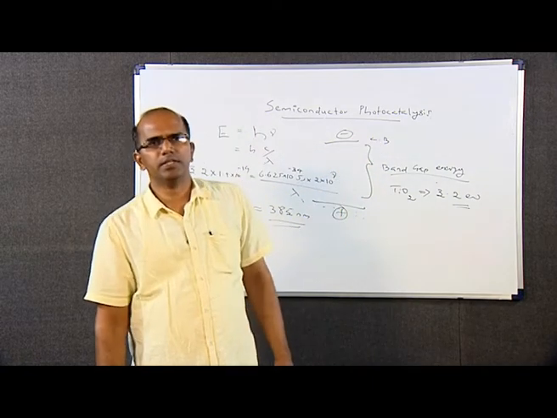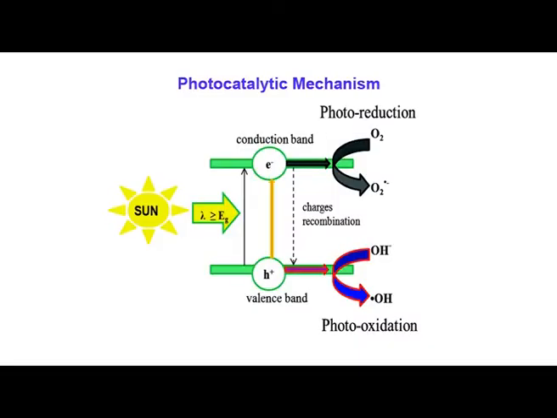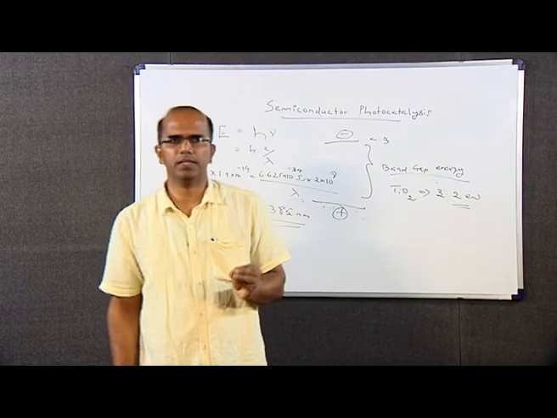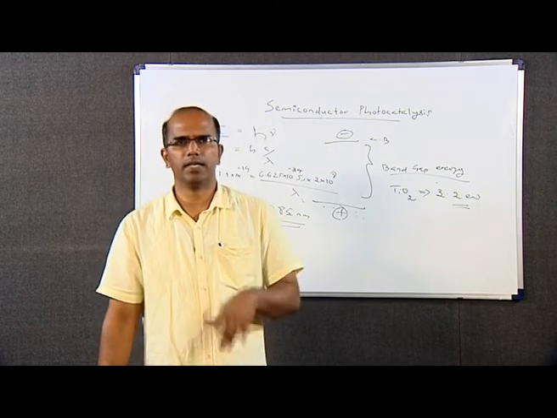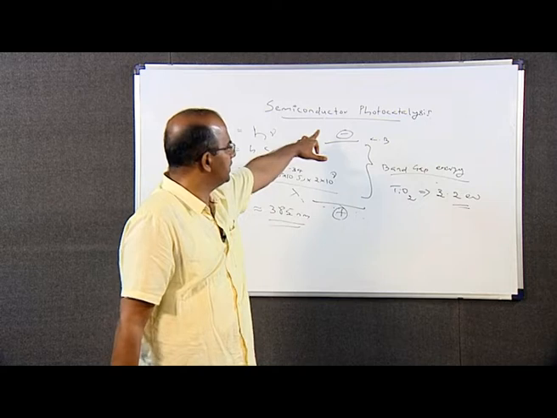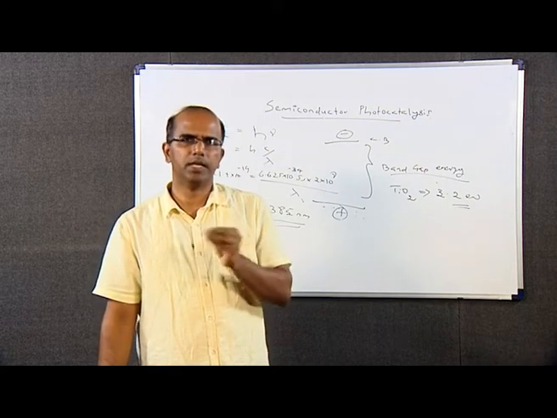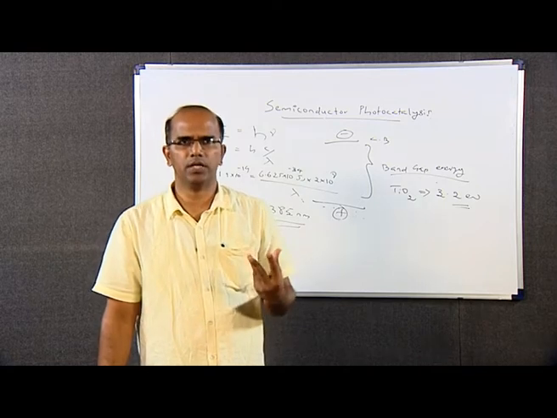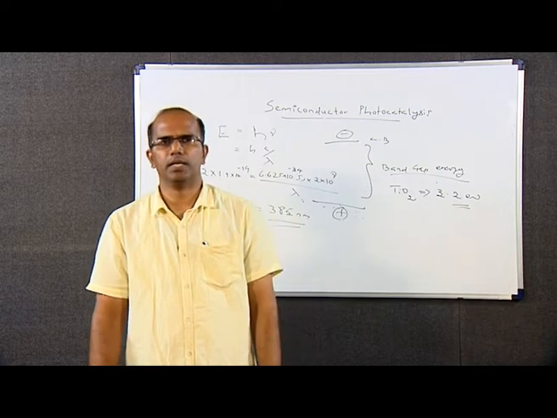Now, this hole can oxidize the water to form the hydroxyl radical as shown in the picture, and this free electron can add to oxygen, meaning that oxygen is reduced by the addition of an electron, to form the superoxide radicals.